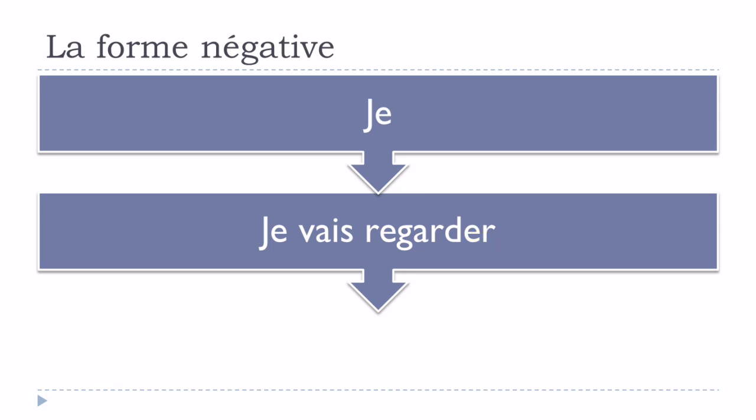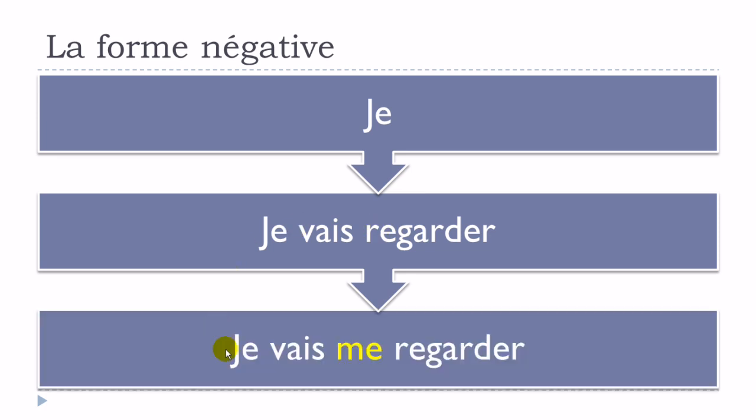But how would you put that with the reflexive verb, se regarder? The common mistake that my students tend to make is to put je vais and then the infinitive se regarder, which is logical in a way. It's a logical mistake, but unfortunately, non, it should be like that.